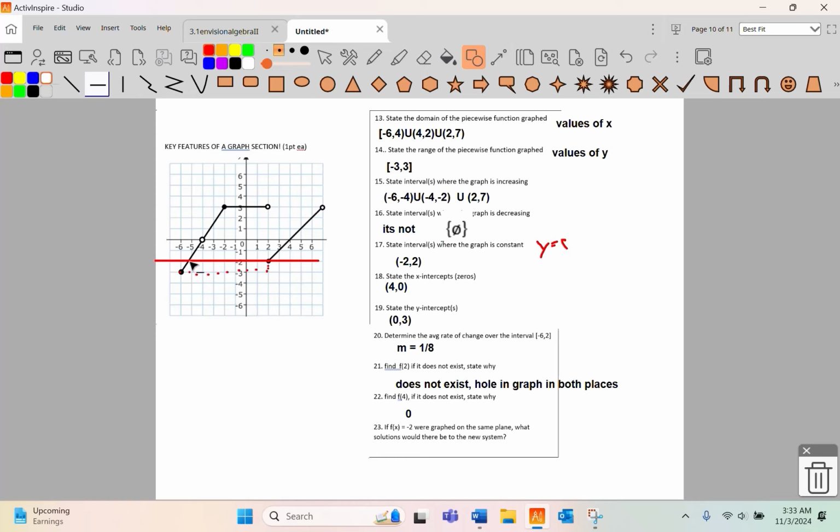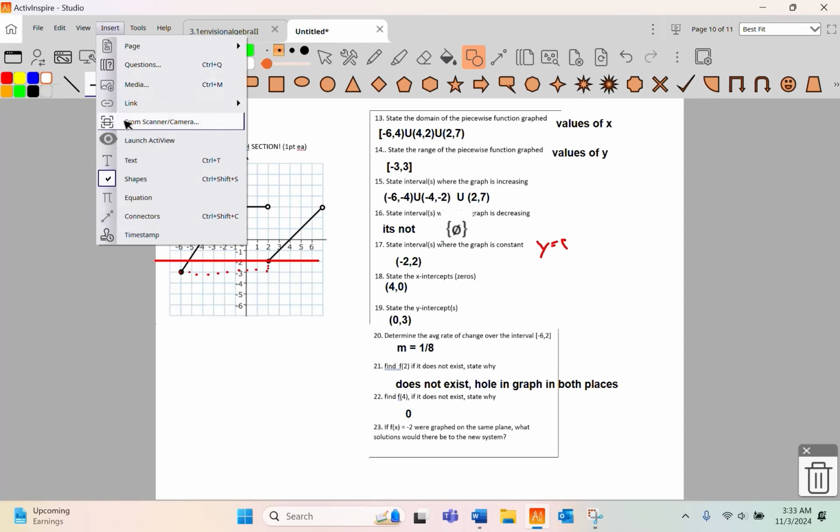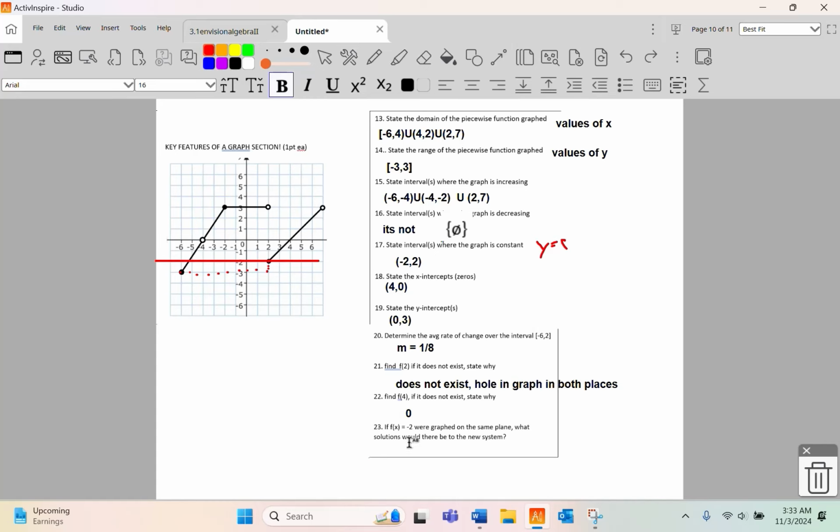We'll have to kind of guesstimate the x value here. We'll say like -5.3 or something like that. Now, if you want the true ordered pair, which is probably what I would do, I would say x is -5.3 and y is -2. Those are the solutions to the system.